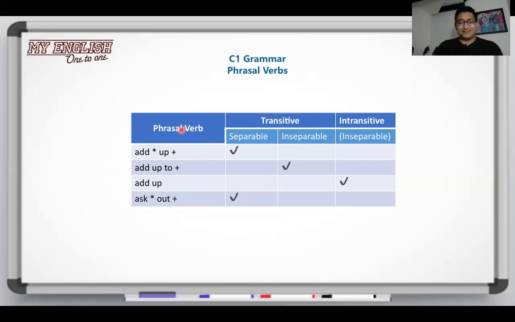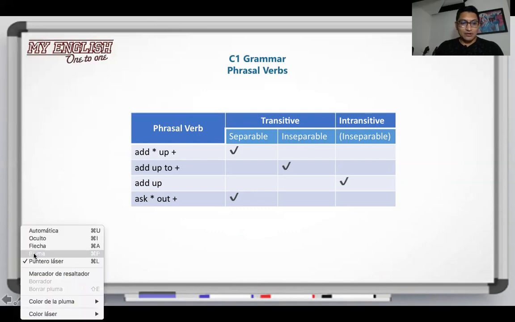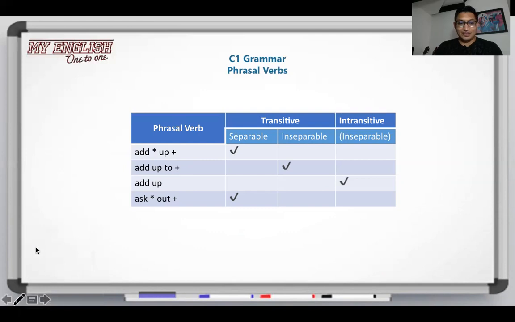The list of phrasal verbs is very extensive, and it needs a lot of practice and study. Of course, you will acquire this language if you are exposed to the English speaking world. If so, you will get it in a much easier way.